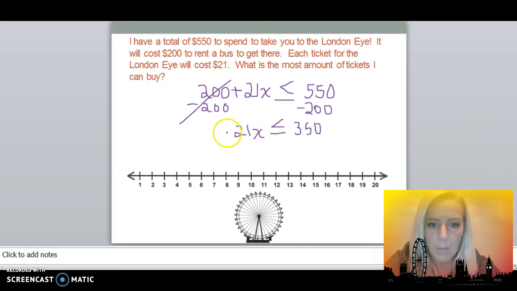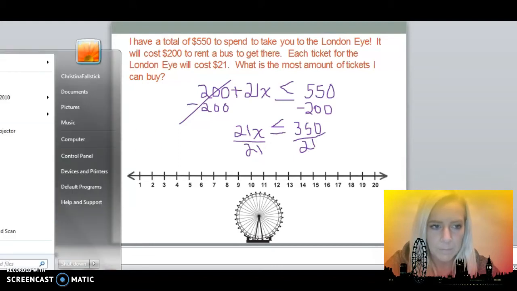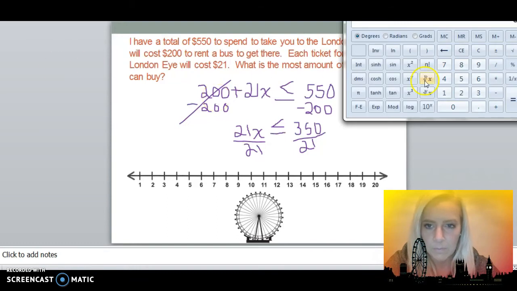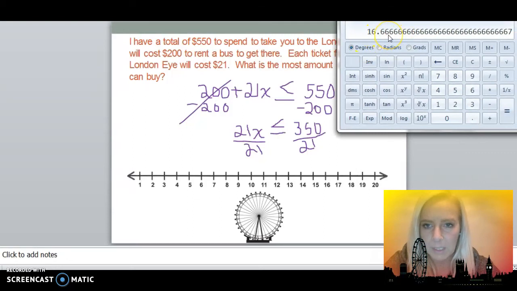Now, I want to know how many tickets I can buy with that $350. So the inverse operation of 21 being multiplied by x would be to divide both sides by 21. I'm going to use my calculator. $350 divided by 21 gives me 16.6.